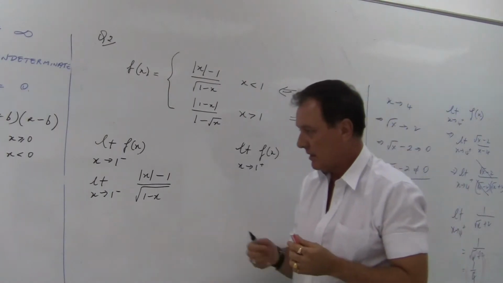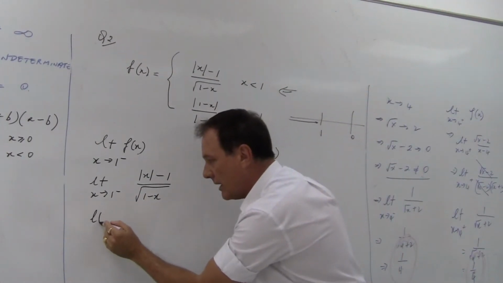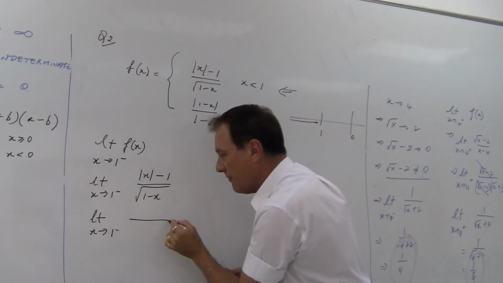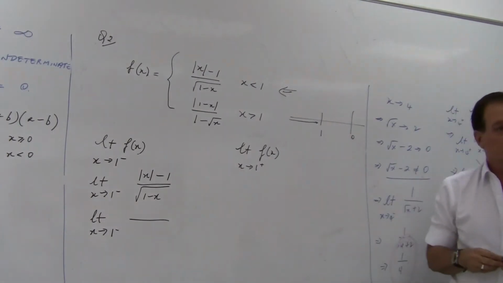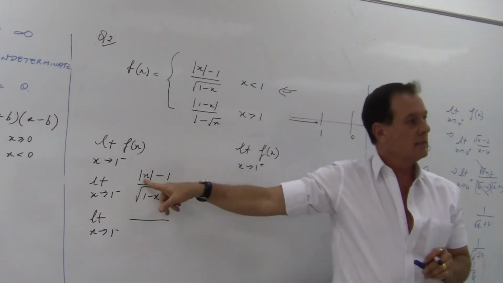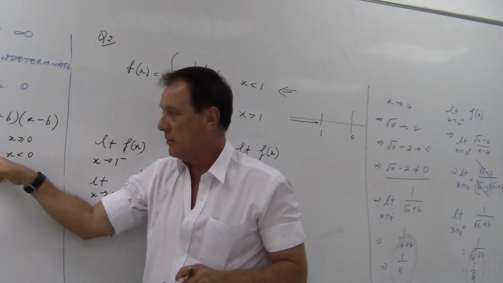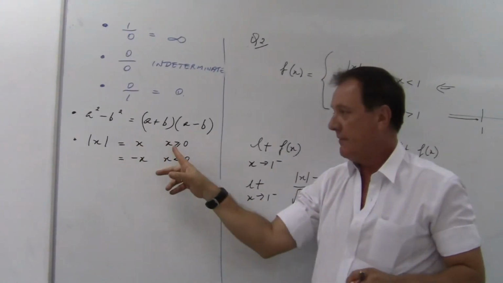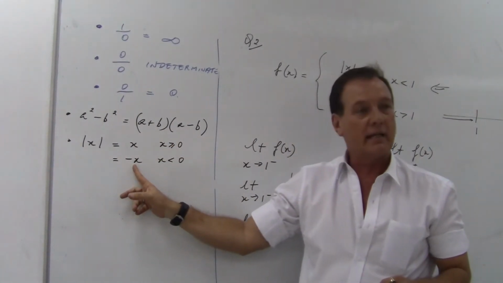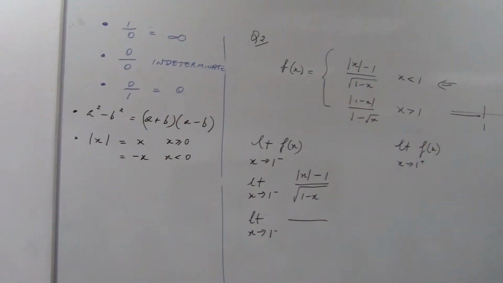Let's see what we can do with this. This is the limit as x approaches 1 from below. Okay, here we go. We have to take on the mod x. Mod x is equal to just x if x is greater than or equal to 0, and it's equal to negative x if x is less than 0.